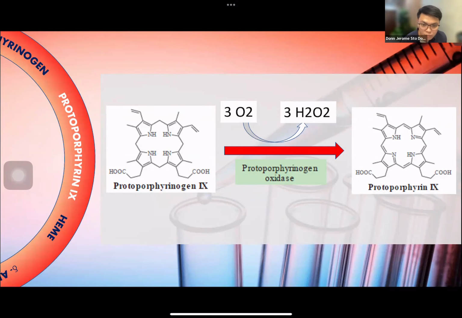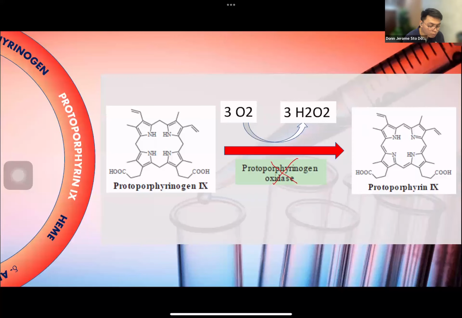Okay. So what else would I like you to remember about the different porphyrins? Porphyrinogens, tandaan, magkakalimutan, must know. Porphyrinogens can undergo spontaneous oxidation to their porphyrin counterparts. What do I mean by that?